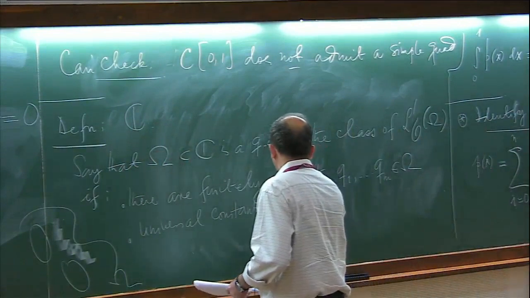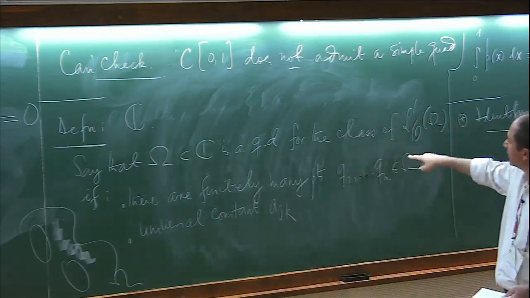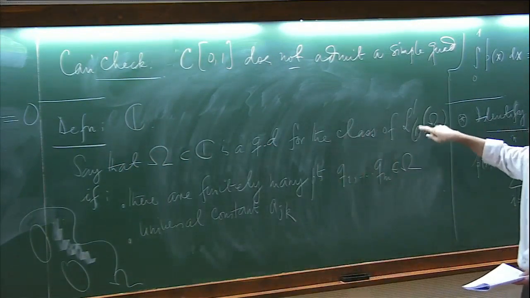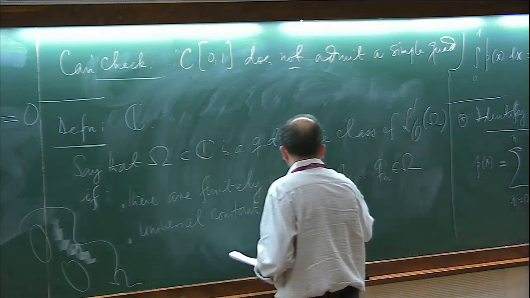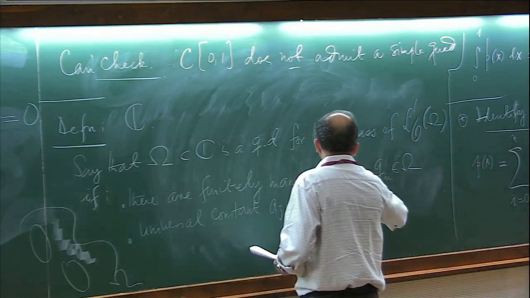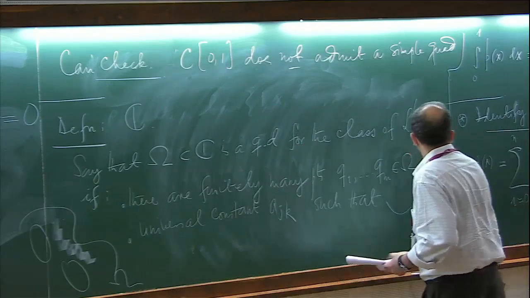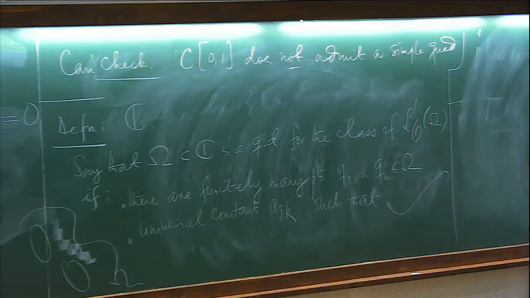The a_jk's. By universal I mean they don't depend on any element of L^1 of O. Universal constants a_jk such that I have a quadrature identity in this sense.